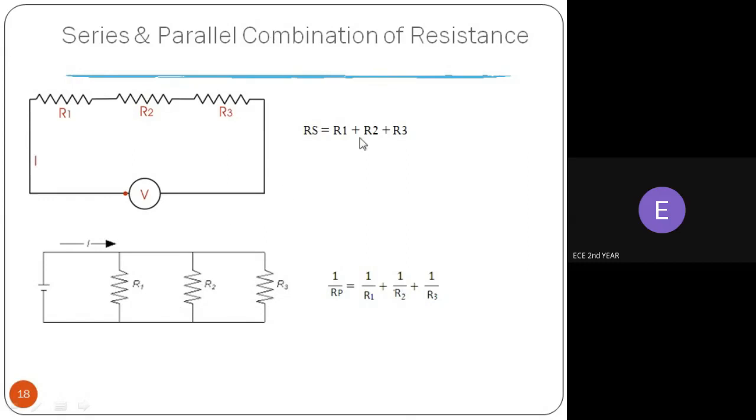So here current is a constant parameter in series, and in parallel the voltage across the elements is the constant parameter.